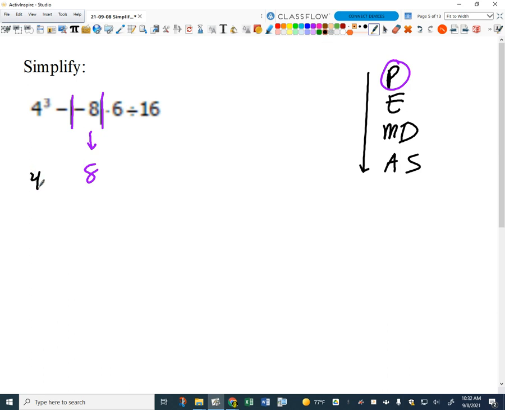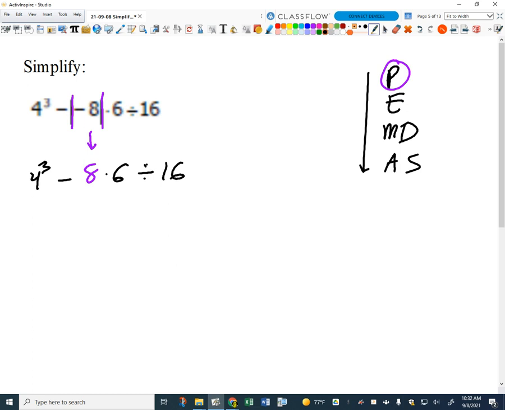And then we've got 4 cubed minus 8 times 6 divided by 16. And for the purpose of this example, you might get some problems on the assignment like this, but we never really want to use a division symbol. We always want to use a division bar, okay? But we'll leave it like this for now.